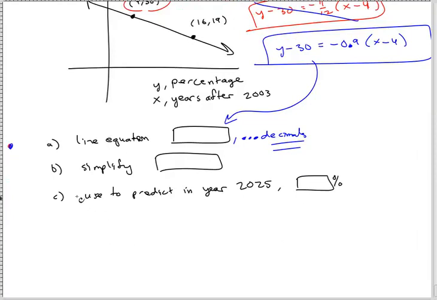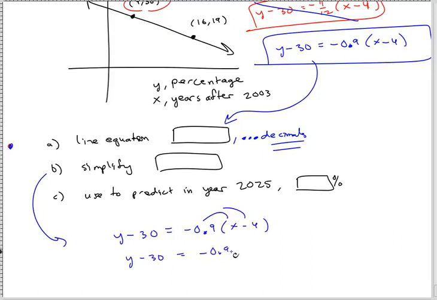Okay, what I want to do for part B is I want to simplify this. And again, using decimals basically the entire way. Let me rewrite it right quick so I can start drawing all over it. Okay, so first off, distribute. It's supposed to be a y. Y minus 30 equals negative 0.9x. And then 2 negatives are going to make a positive.